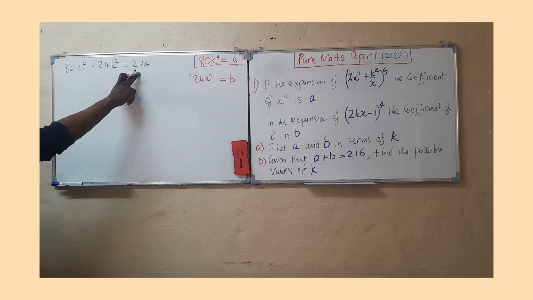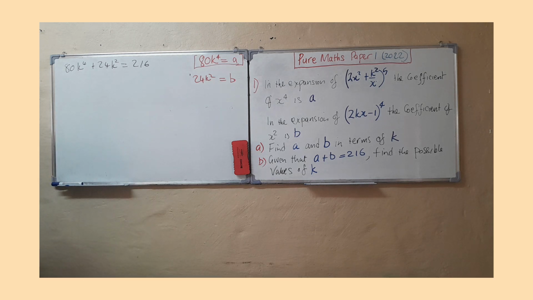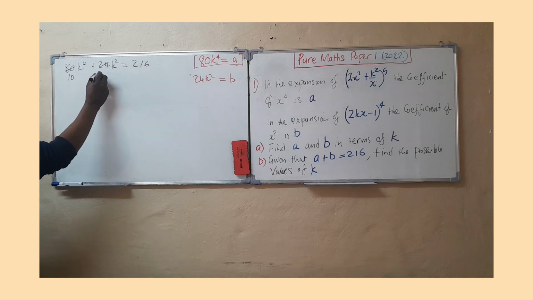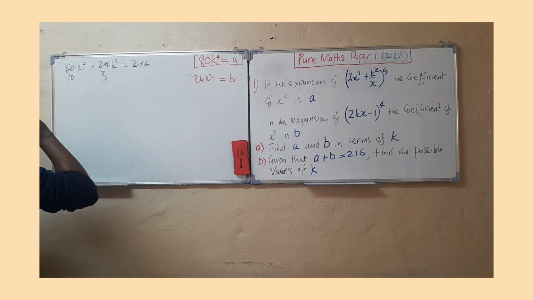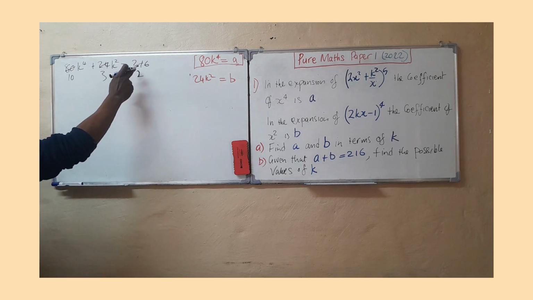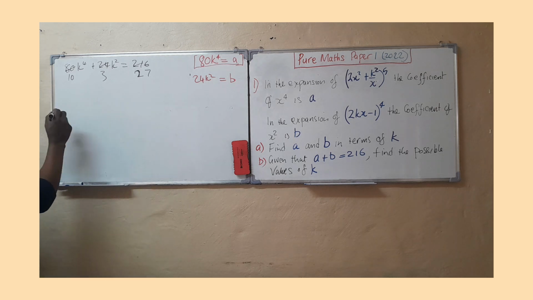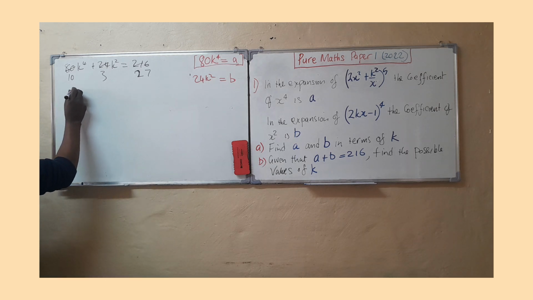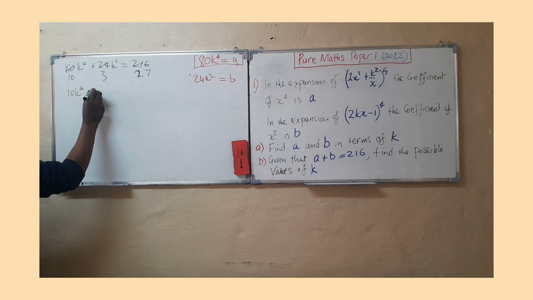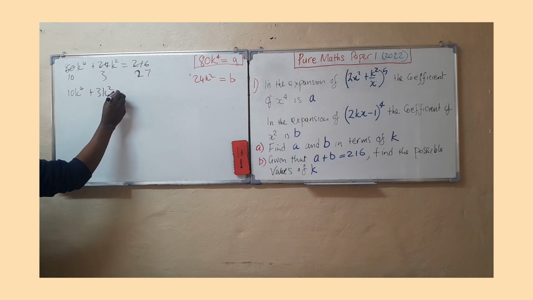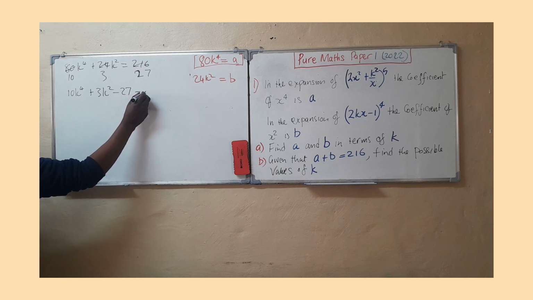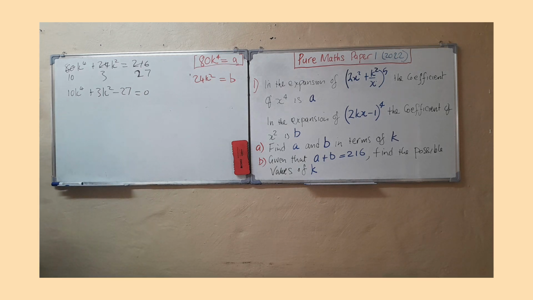Dividing everything by 8, we have 27 there. So bringing everything to one side, we have 10k to the power 4 plus 3k squared minus 27 is equal to 0.